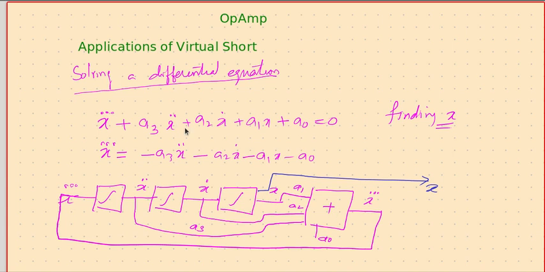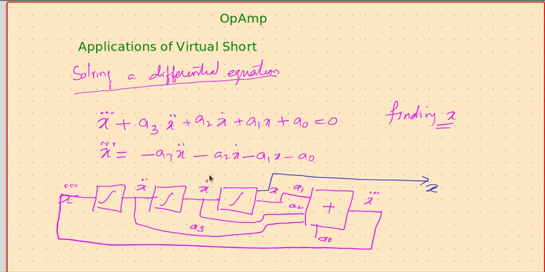Whatever the expression given as a differential equation, just take the highest derivative with unit coefficient, rearrange in this form, and keep on integrating till you come down to the actual value. That is, you start with the nth derivative, integrate to get the n minus 1th derivative, integrate again for the n minus 2th derivative. That way come down, down, down. Finally, you get the actual x.